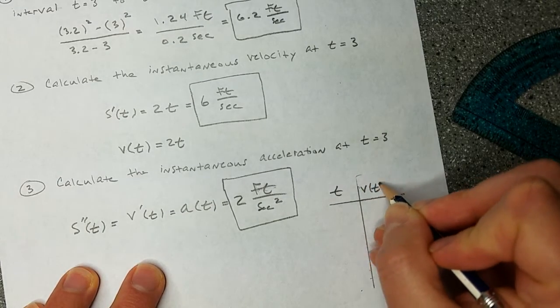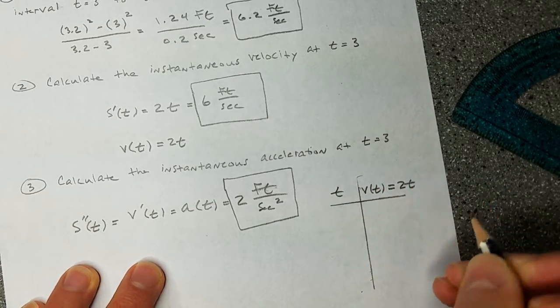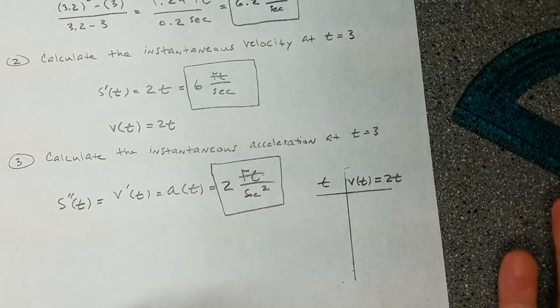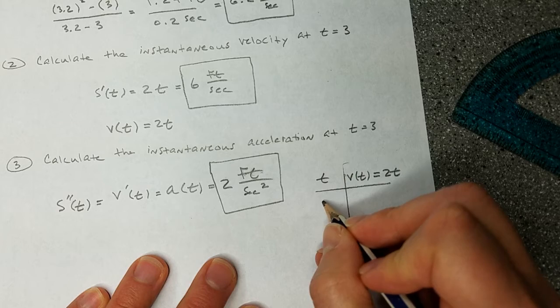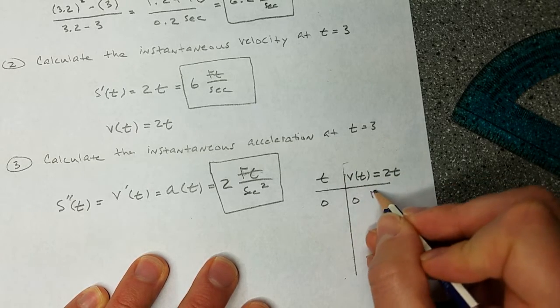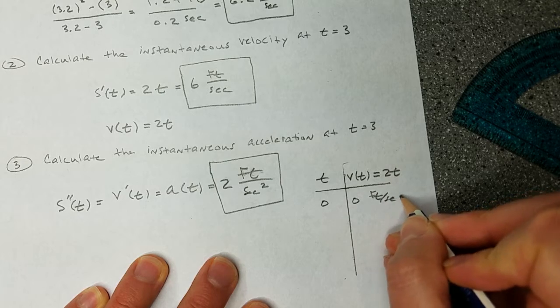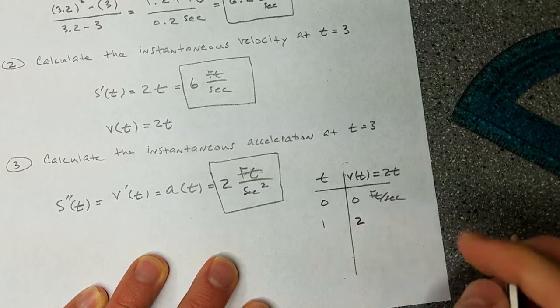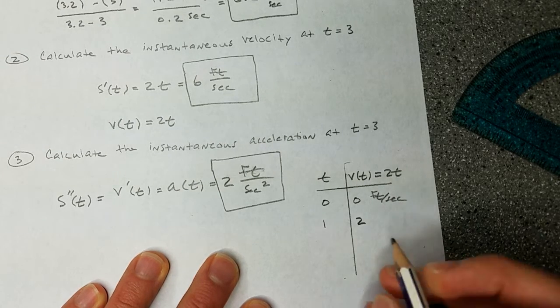Say I took the velocity and measured it at different times to see how it was changing. When t is 0, what's the velocity? It's 0 feet per second. When t is 1, the velocity is 2 feet per second. It has the same units.